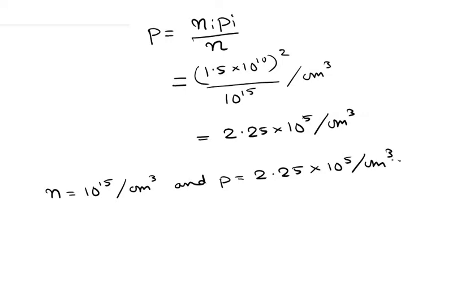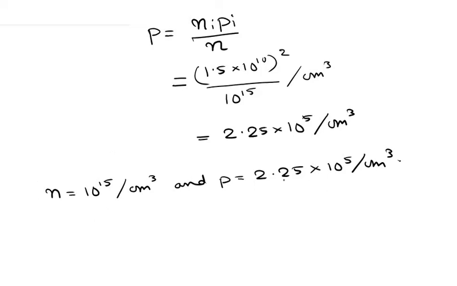Now you may ask the question: if I dope, or introduce phosphorus n-type dopants into my semiconductor, why is the number of holes in the valence band decreasing compared to the intrinsic hole concentration? We see here that the number of electrons in the conduction band is 10^15 per cm³, which is approximately equal to the concentration of phosphorus dopants.